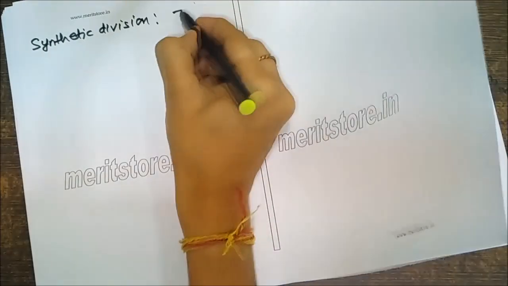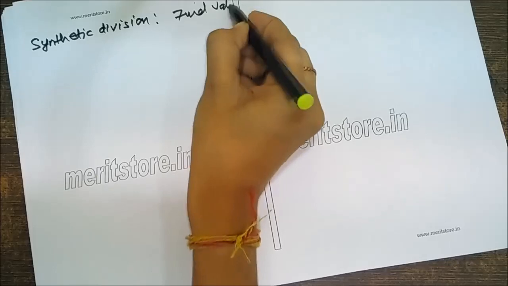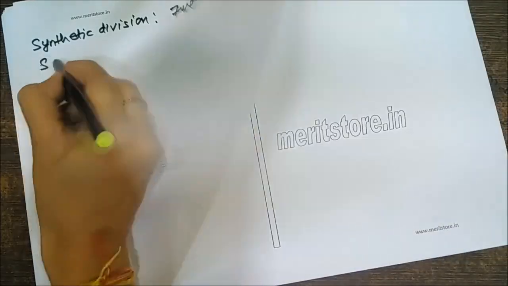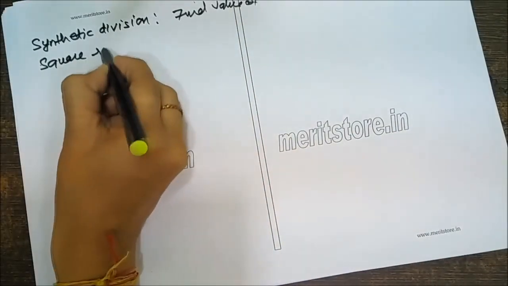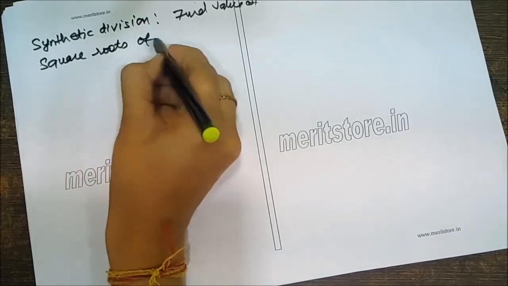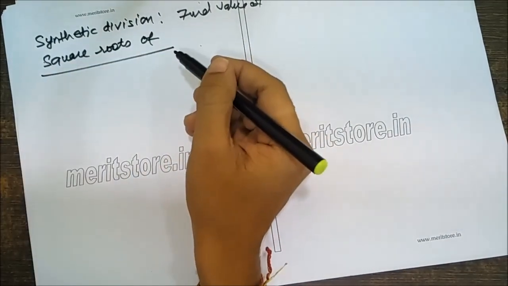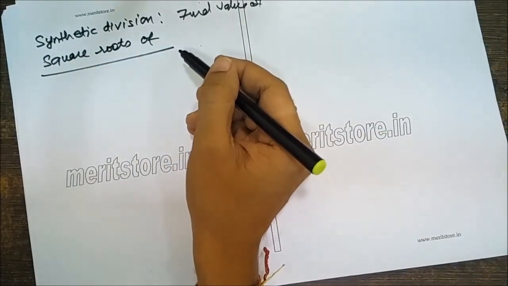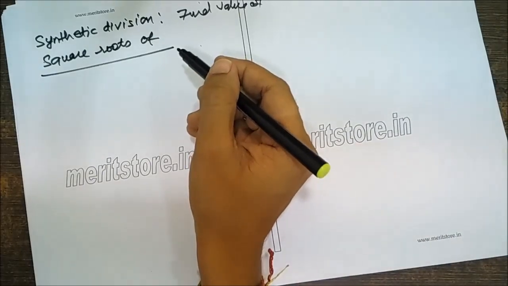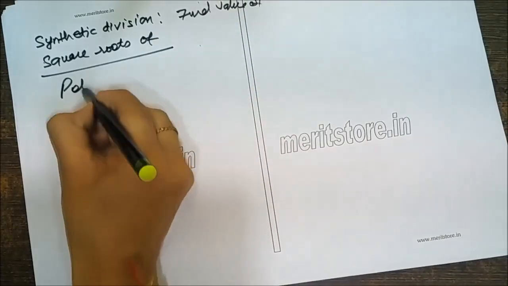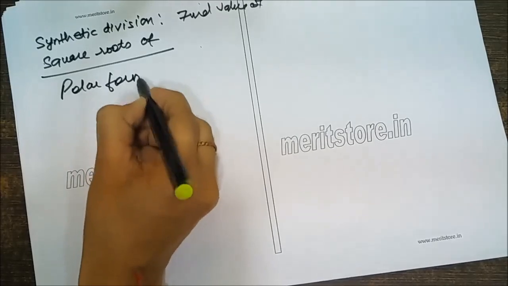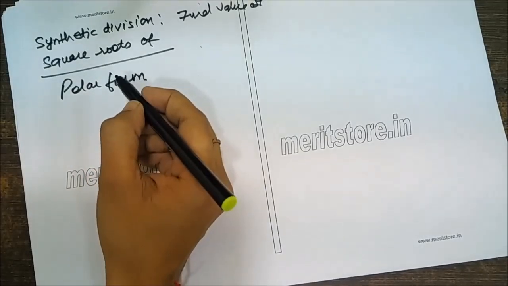We found the square roots of a complex number. Later on we continued with the polar form. We defined the values for sine and cos.